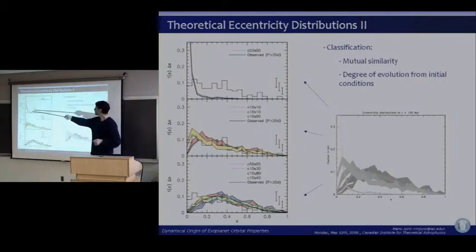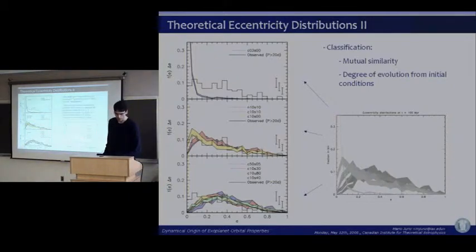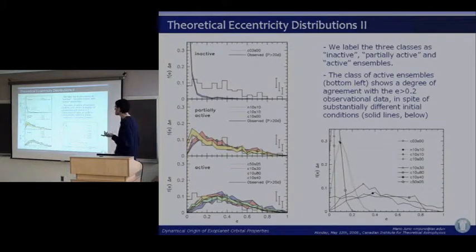This ensemble here started with 0 eccentricities, and it didn't move much from its starting point. So we label these 3 classes as inactive, partially active, and active systems. The class of active ensembles is what I'm going to be concerned with for most of the talk.